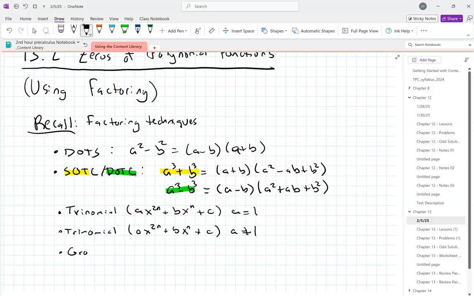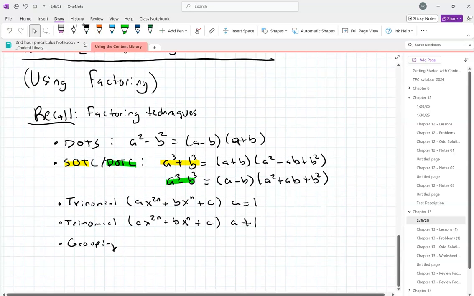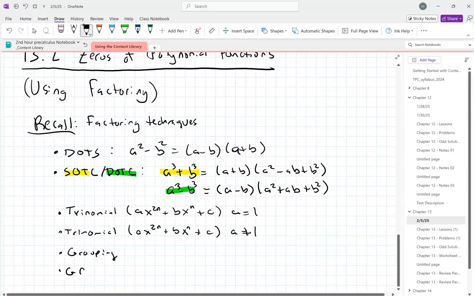And then there was grouping. And then a greatest common factor. So that's 6 factoring techniques that you guys would have studied last year.